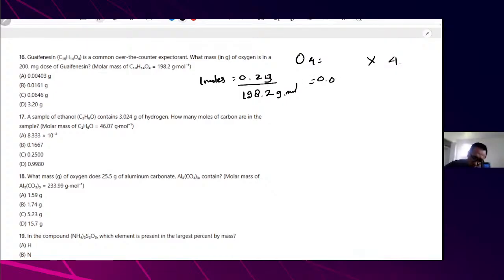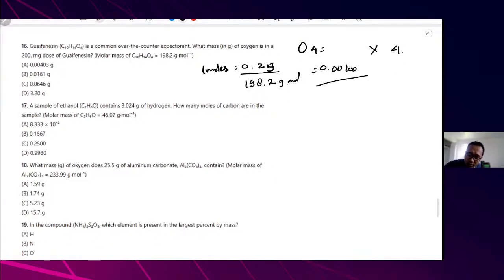It should be 0.00100, so on. And then we need to plug here 0.00100, so it should be 0.00400, right? And then the question is mass. Oxygen itself is 16. So now we need to understand from here, this is moles of oxygen.